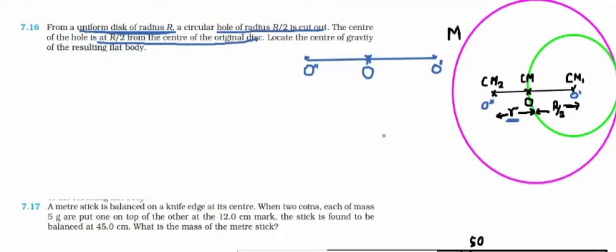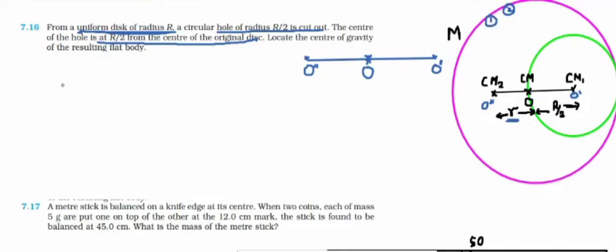That is what we have to see: some quantity which is constant here. It is a uniform disk. Uniform disk means if you take any particular area, equal areas like this, then their mass will be equal for these 1 and 2. Both parts have equal mass because it is a uniform disk.